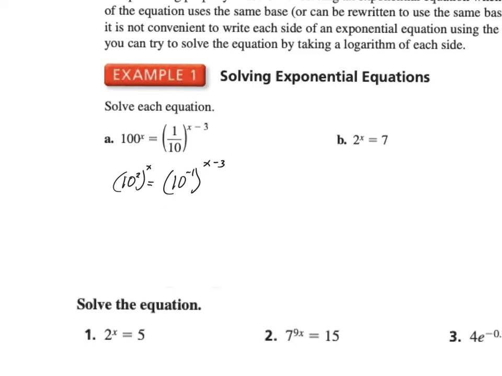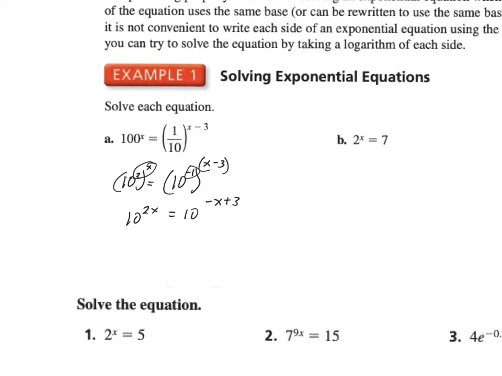Of course I know what I'm doing here, so if you looked at that, you wouldn't have thought to do it this way, but this is what you're going to try to work at. This is the same as 10 to the 2x. And if I distribute that negative 1 to here, I get 10 to the negative x plus 3.